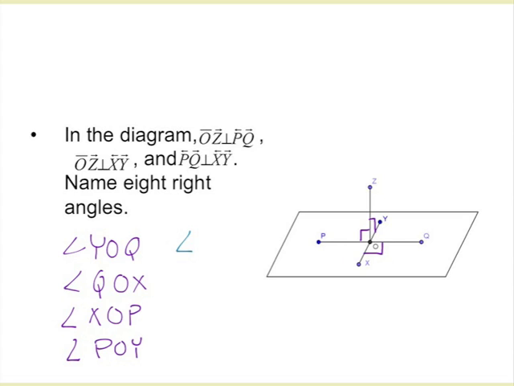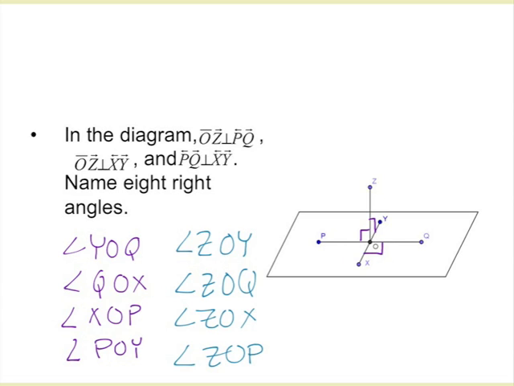So starting again kind of towards the north, I'm going to go ZOY. And then out to each corner, ZOQ, ZOX, ZOP. Questions on how to locate those right angles or what this would actually look like if it weren't flattened onto a paper?